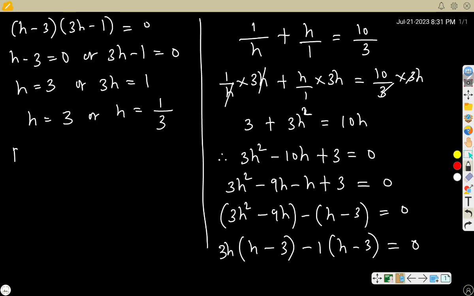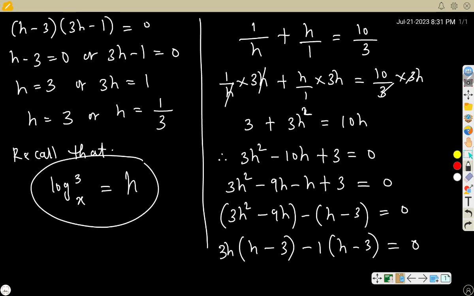Recall that log 3 base x is from the beginning. Recall that log 3 base x is equal to, what did I represent at first? So log 3 base x is equal to h.